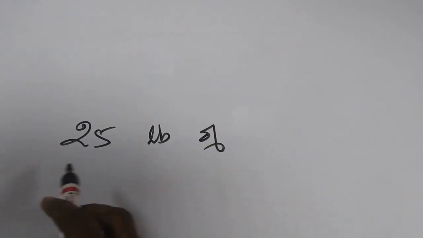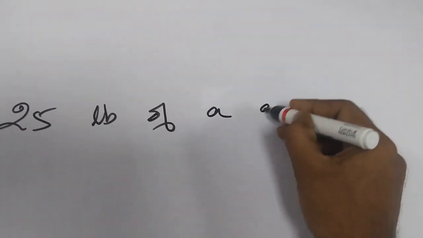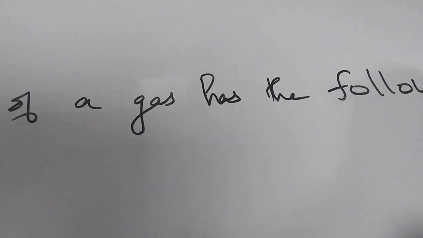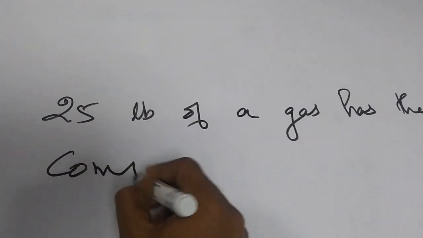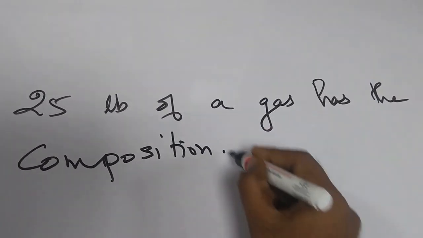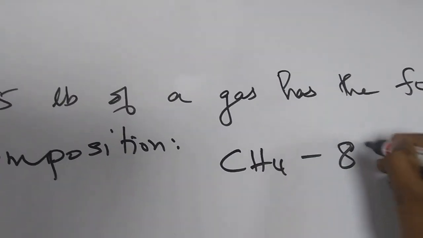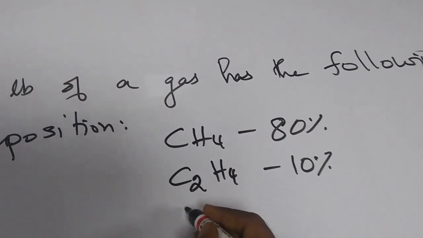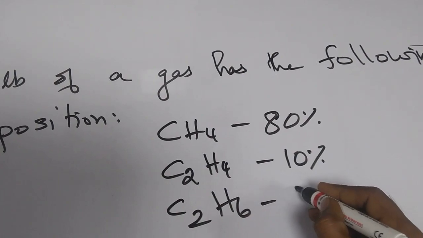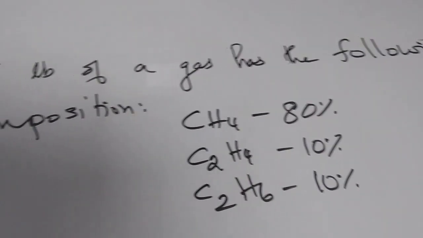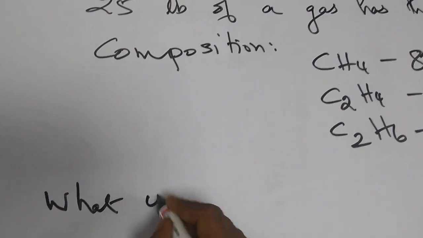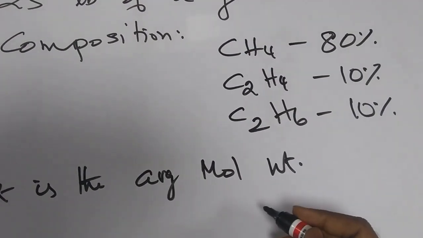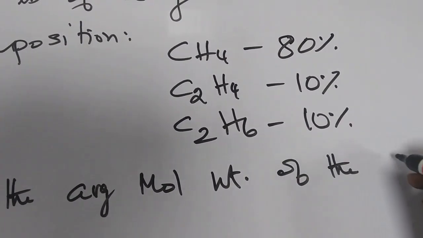Next problem: 25 pounds of a gas has the following composition: methane 80%, C2H4 10%, C2H6 10%.